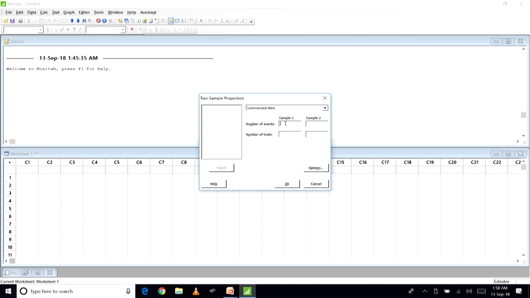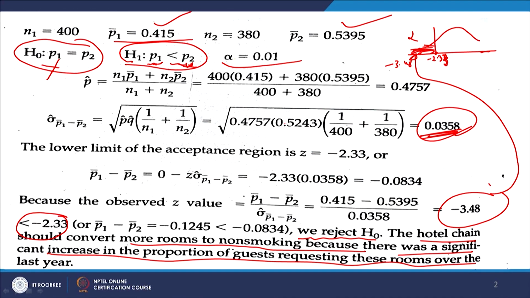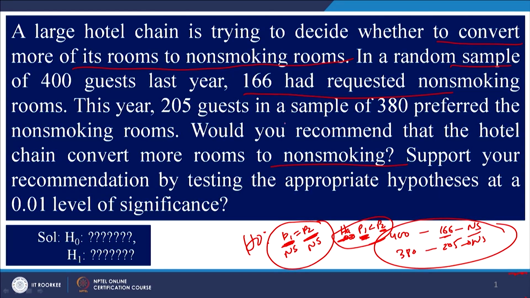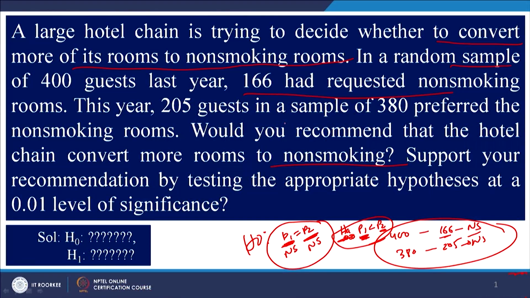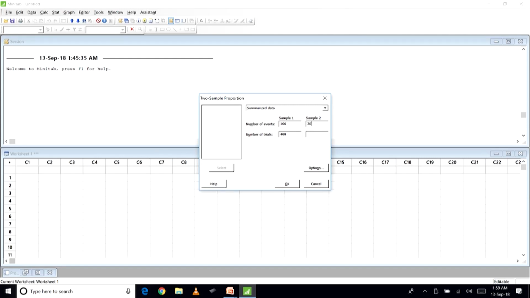Let us look at the question. It is 166 out of 400. For the second sample, it is 205 out of 380.